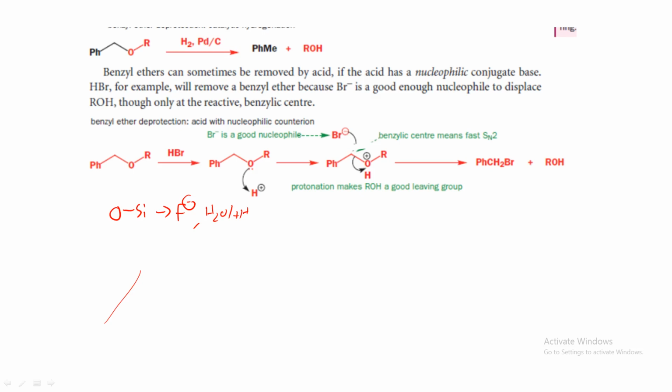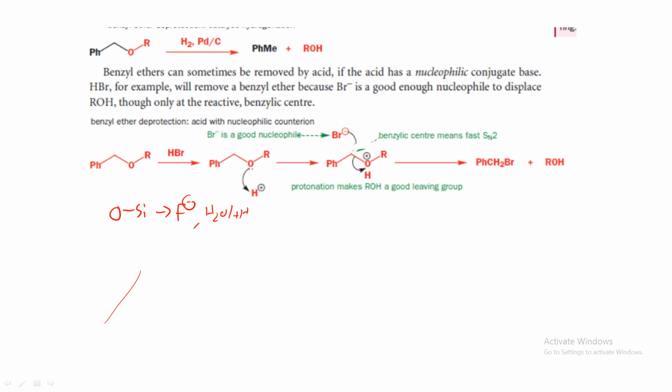As they are stronger protecting groups, to remove them we also need harsh conditions compared to silicon. In silicon, F minus or H plus can easily do the job, but it is not the case for benzyl and PMB. They are closely related, so let's just stay with benzyl.